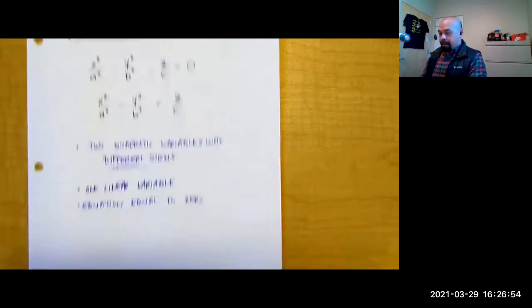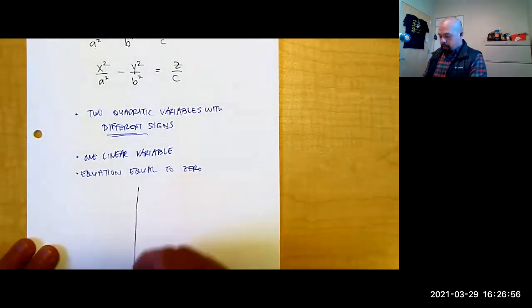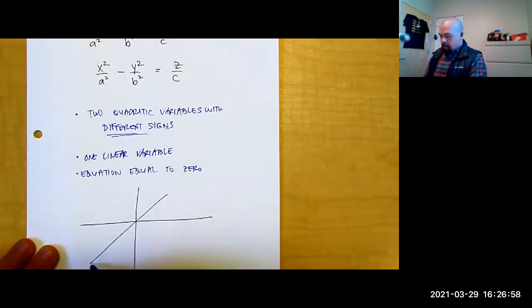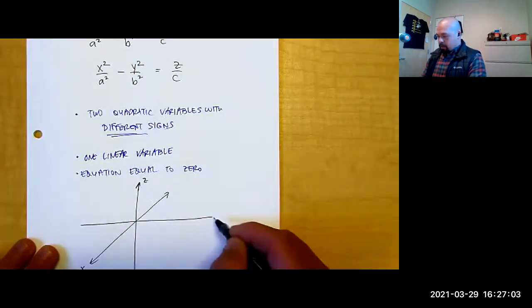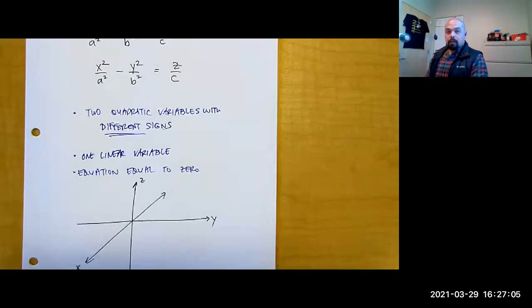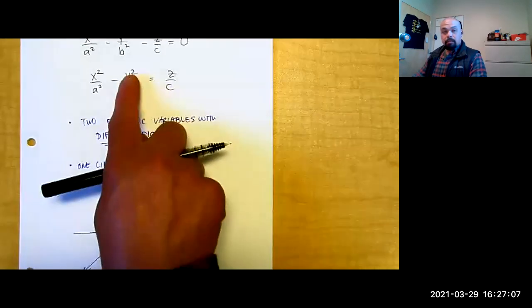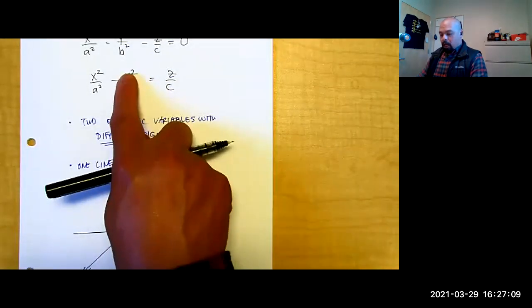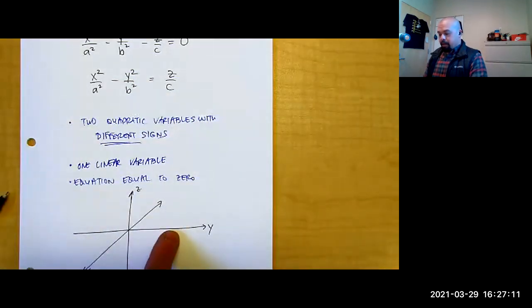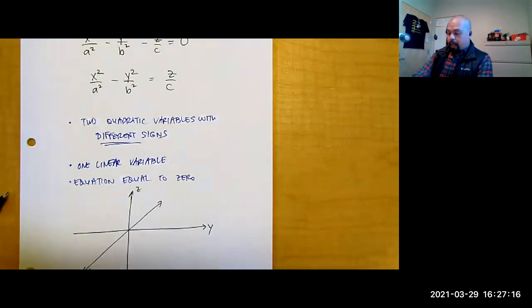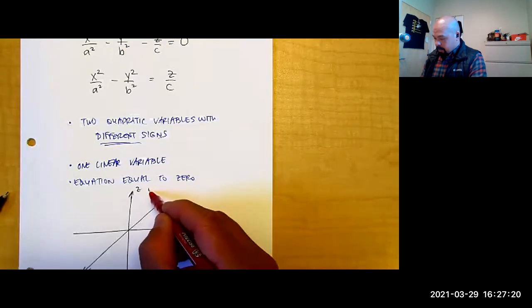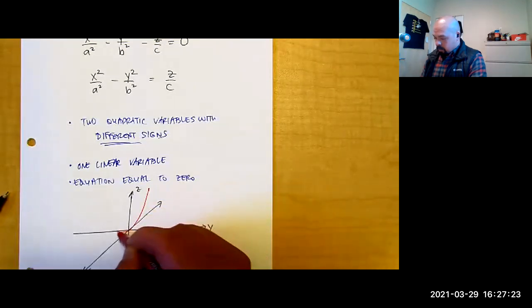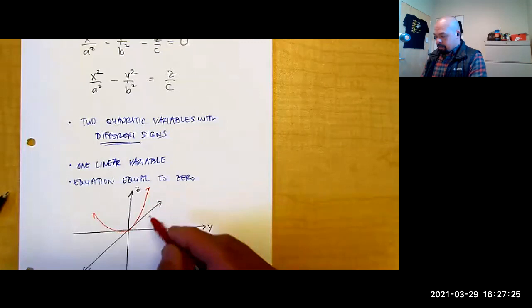Okay, and so in that kind of drawing, if we start to imagine those different traces, letting y be a constant in those xy planes, okay, we're going to get a series of parabolas.